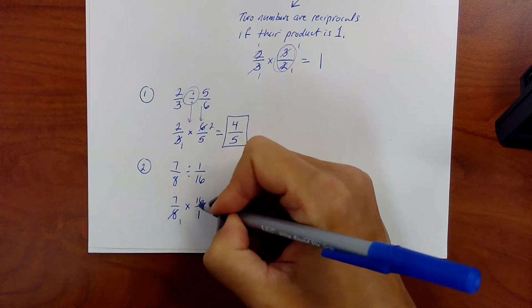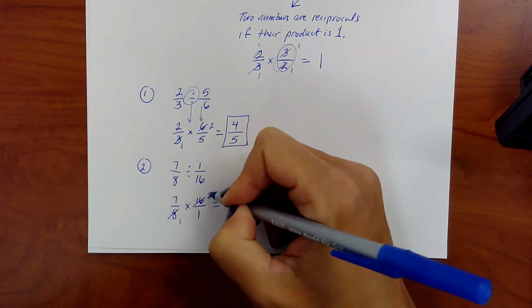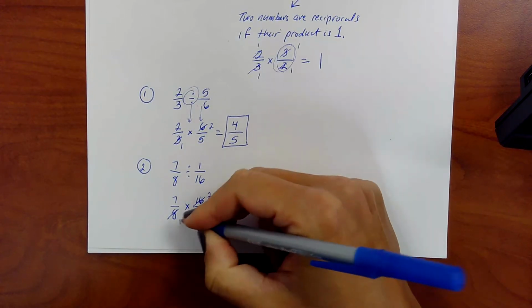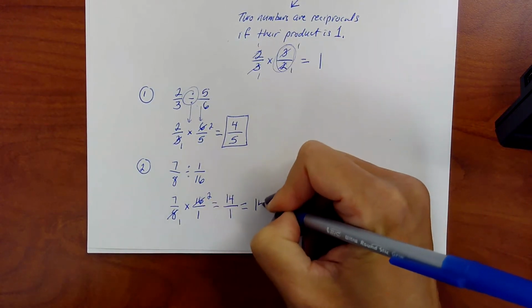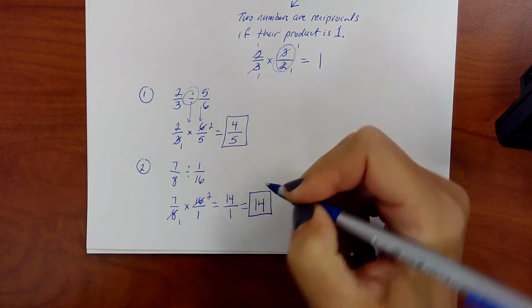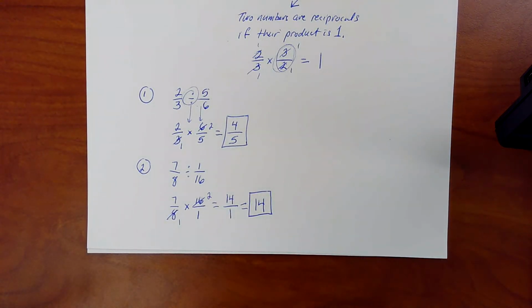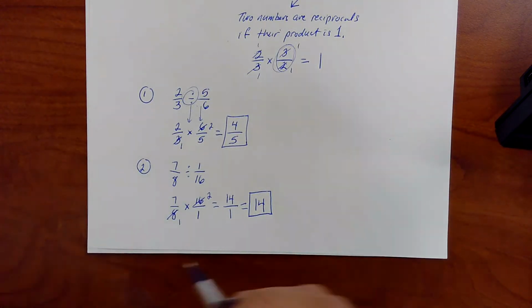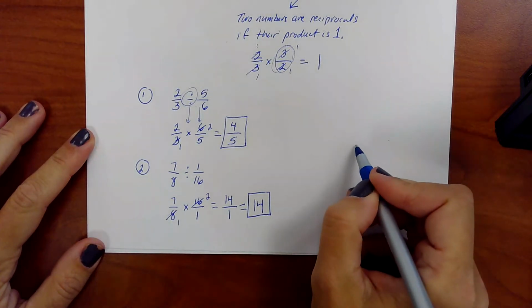This can be divided by 8, divided by 8. 7 times 2 is 14. 1 times 1 is 1. That's just 14. Does that make sense? 7/8 divided by 1/16 is 14.